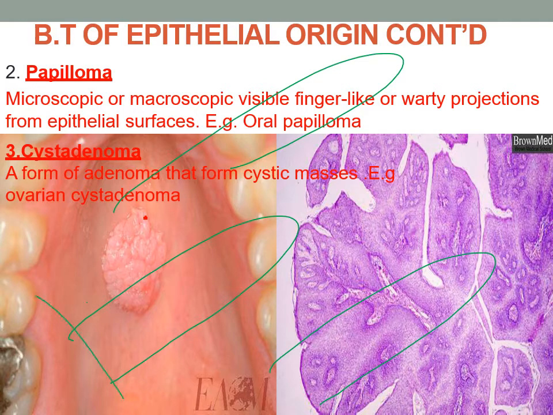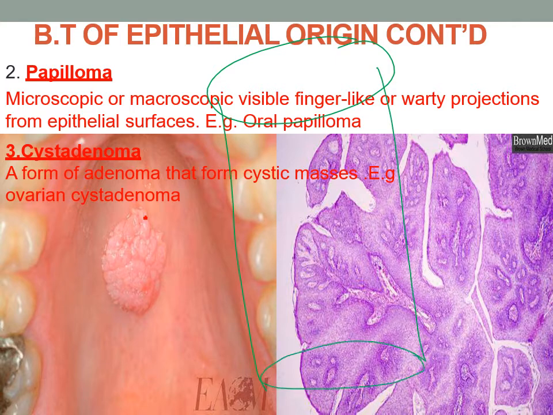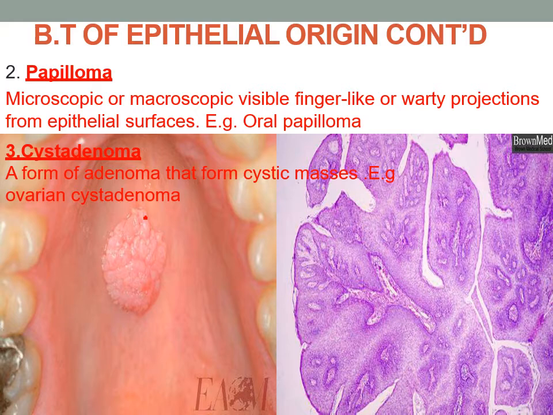Let me draw it properly. For example, this is your esophagus, and this is the lumen of the esophagus. You have a growth which is finger-like. All of these are known as papilloma. So remember, papilloma is a finger-like projection from the epithelial surface.